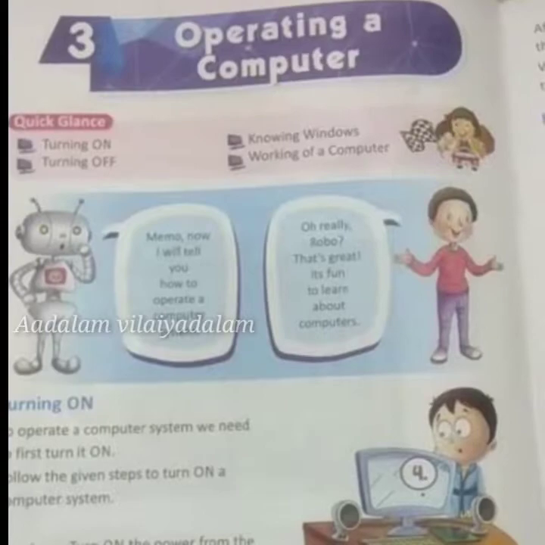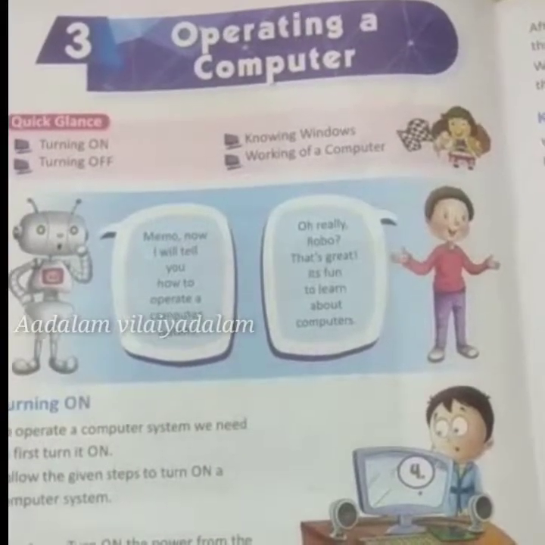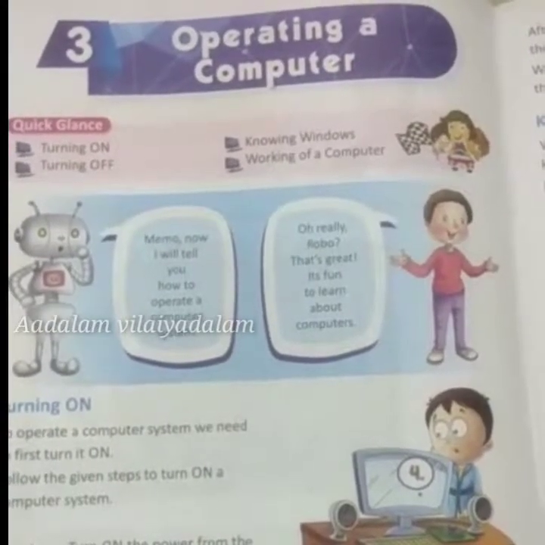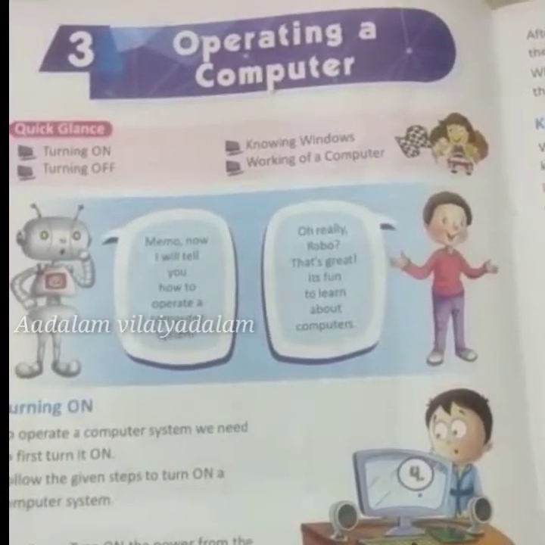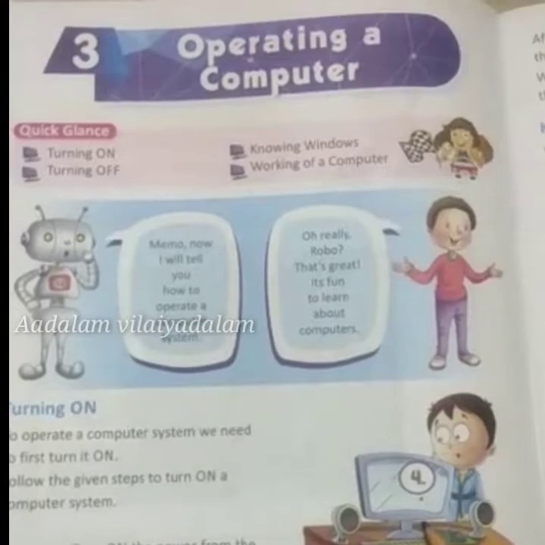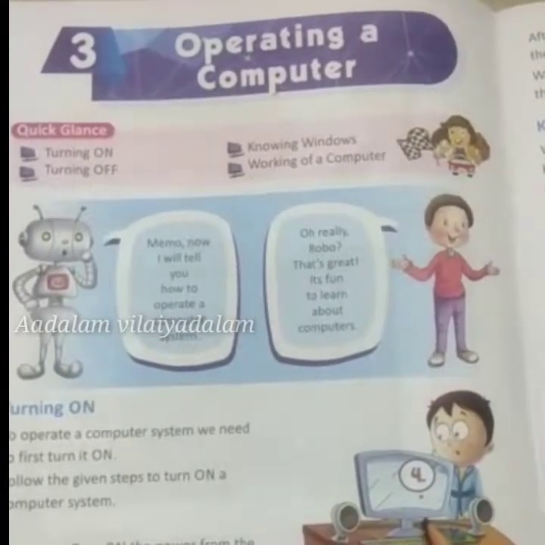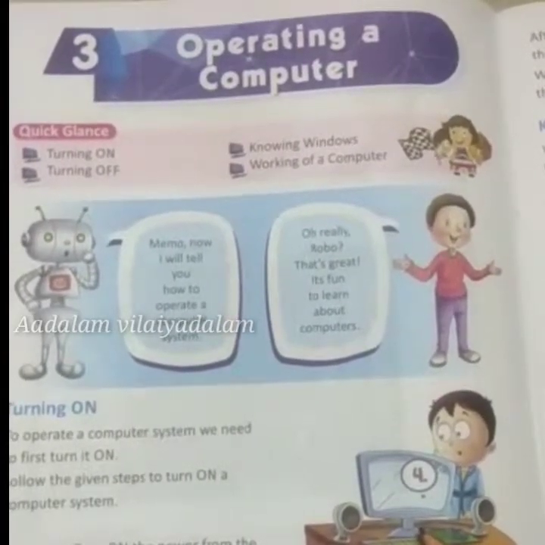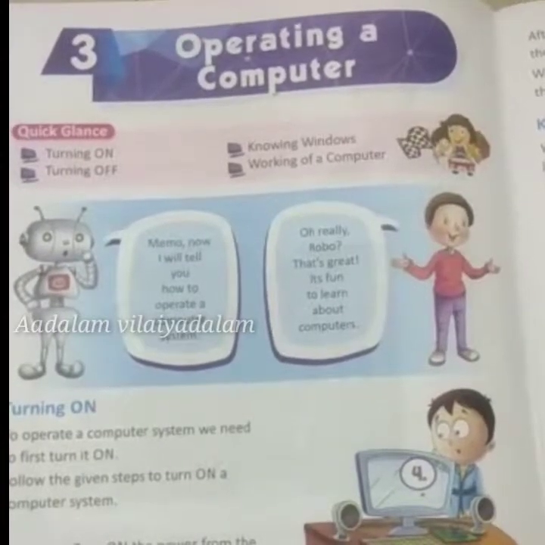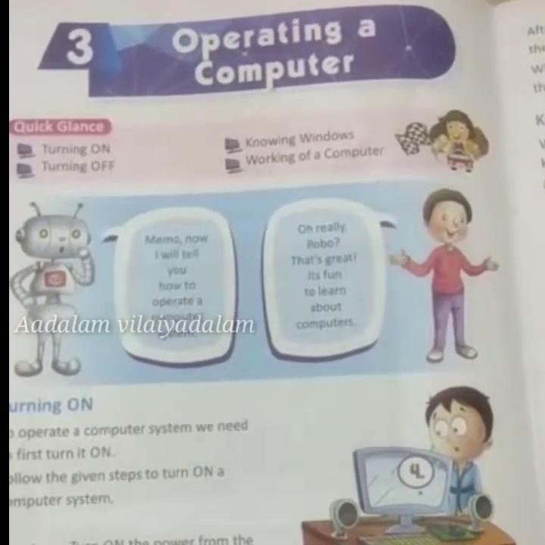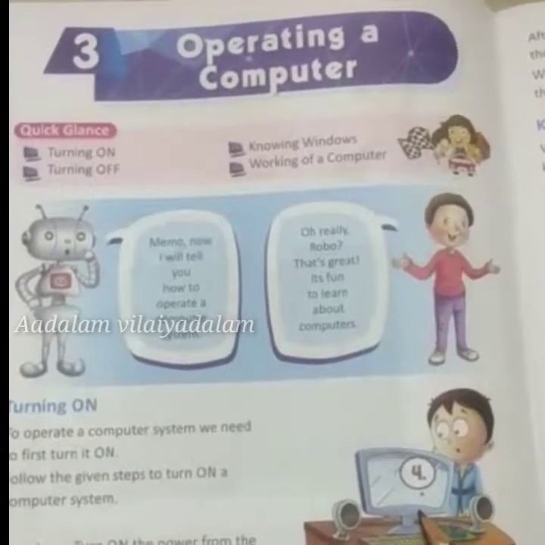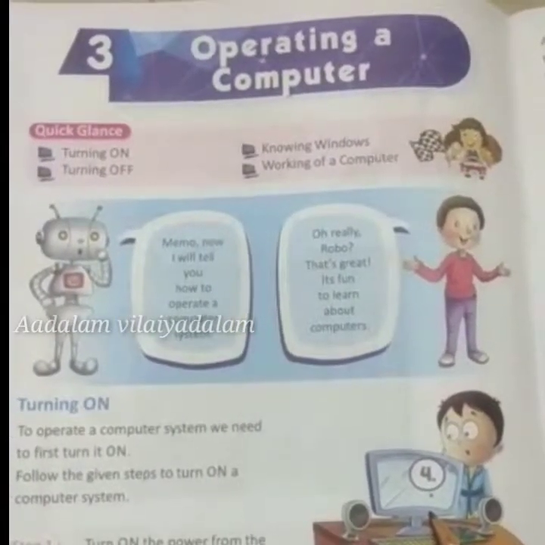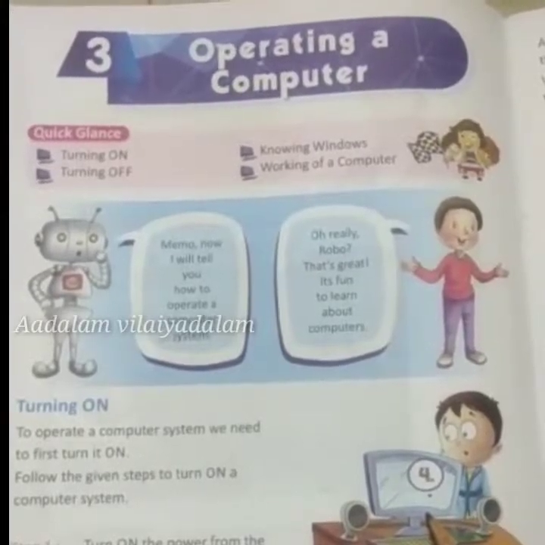This is the second step. Third, we have to switch on the CPU power button, and then at last we have to turn on the monitor power button. Four steps are there to switch on the computer. First, power switch. Second, UPS power. CPU power. At last, monitor power. These are the 4 steps to switch on the computer.